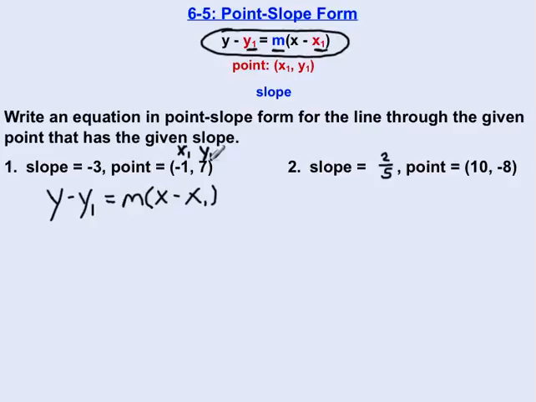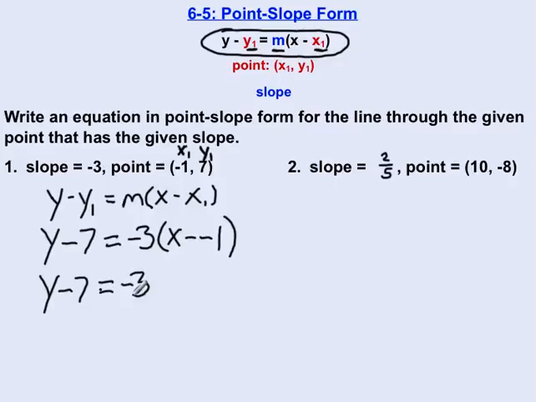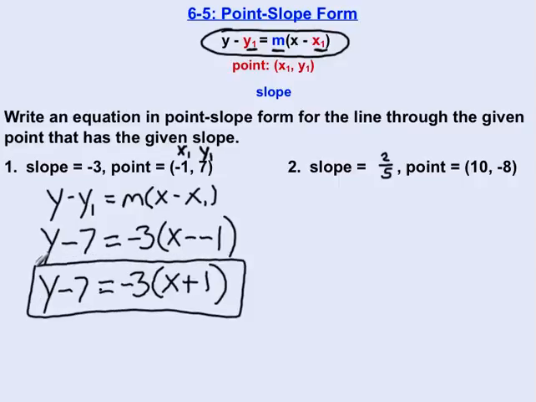When I plug this in then, it's going to look like y minus, instead of y sub 1, I'm going to have a 7 equals my slope, that's your m, negative 3 times the quantity x minus x sub 1, which is a negative 1. And there's just one thing you could do to maybe clean this up a little bit, and that is take care of that double negative. So you'll end up with y minus 7 is equal to a negative 3 times the quantity x plus 1.